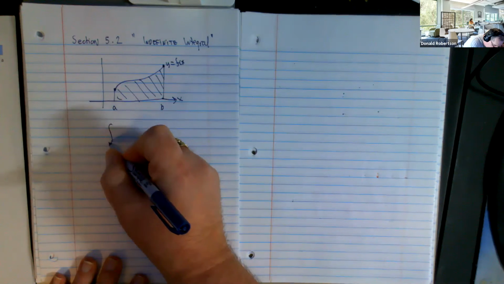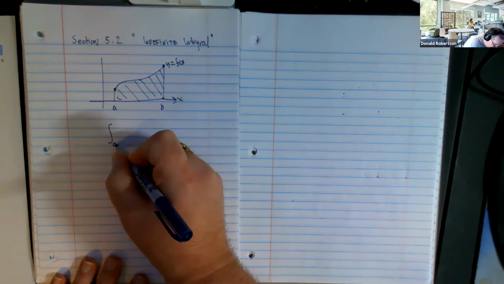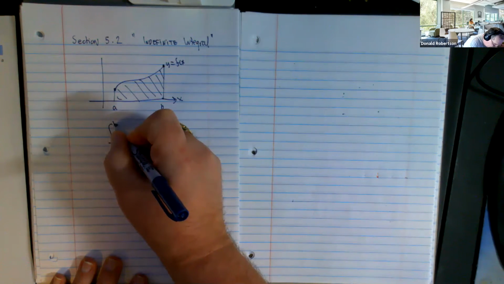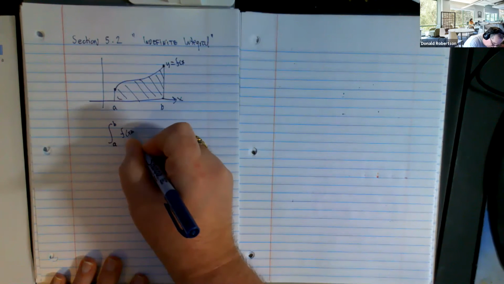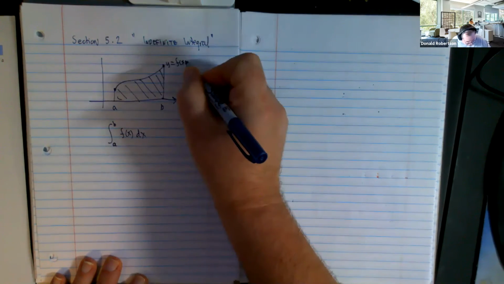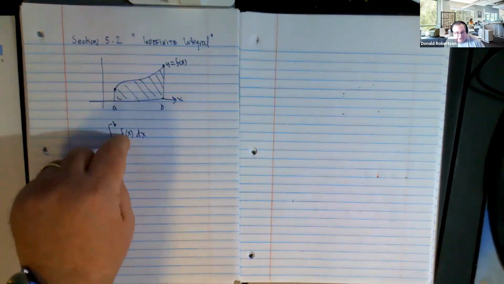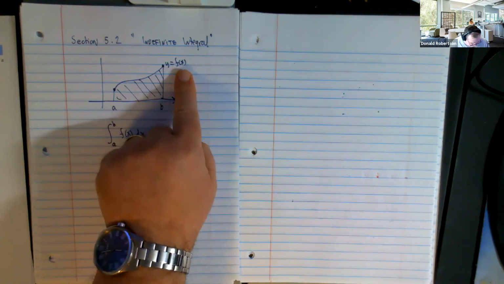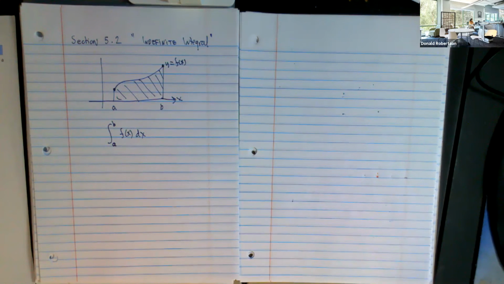We write that exact area down like this, the integral from a to b of f of x dx. That's the notation that basically says, I want you to find the area under this curve from a to b, and the function is f of x. We do not want to find an estimate for this, we want to find the exact value.